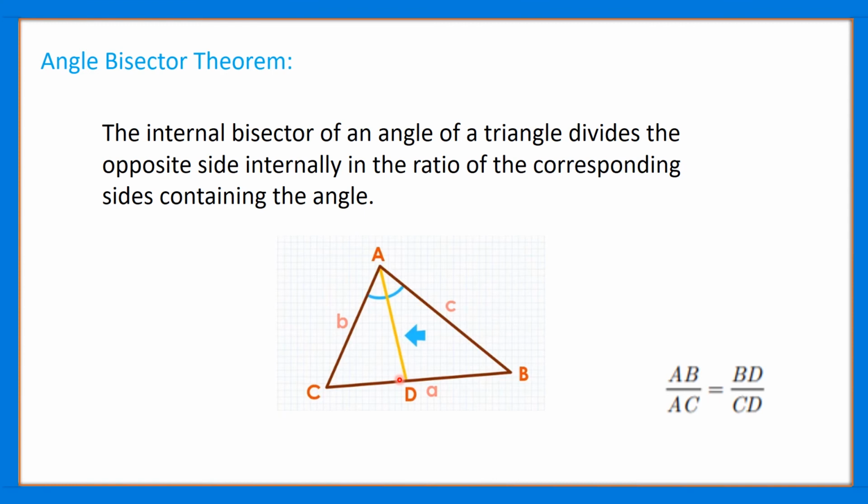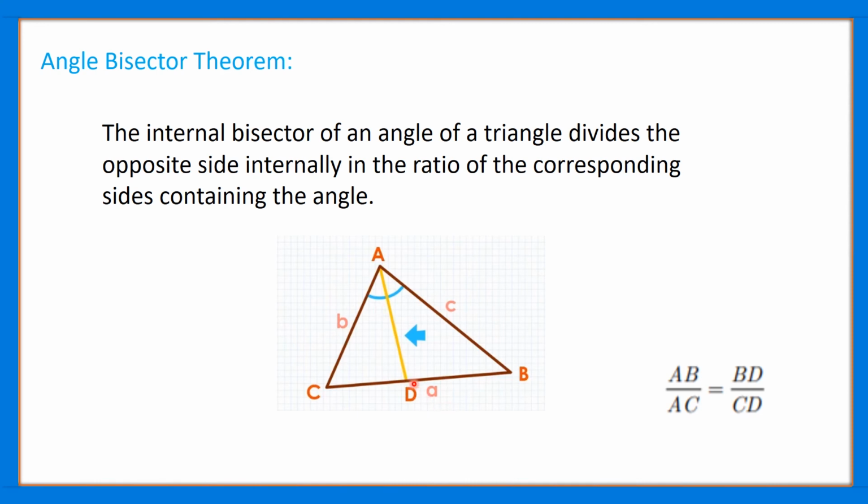The angle bisector theorem states that the internal bisector of an angle of a triangle divides the opposite side internally in the ratio of the sides containing the angle. That is, if the angle bisector of A is drawn from A to CB and meets at D, then this bisector divides the opposite side internally in the ratio corresponding to the sides containing the angle.